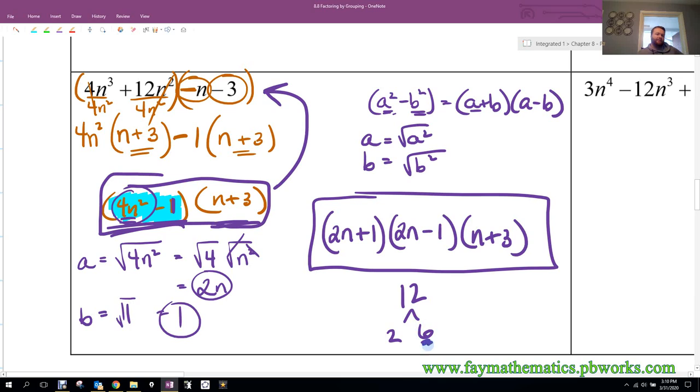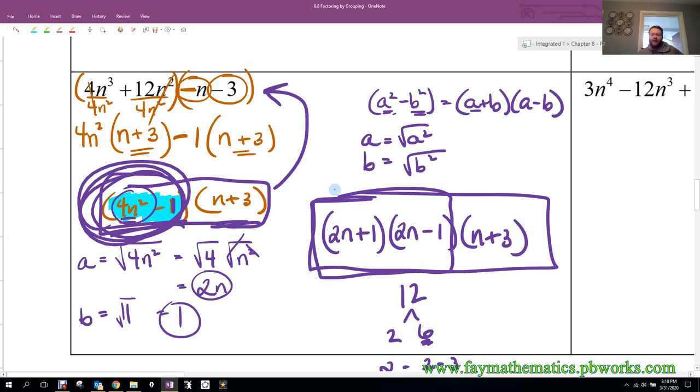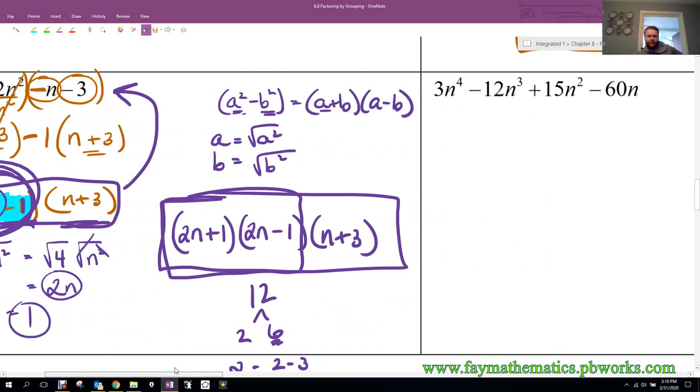But can't that 6 be brought down and factored further as 2 times 3? And that's all we're doing here. This here can be factored further down to that, and then multiplied by the other factor of n plus 3 that we already had. Just gotta keep that in the back of your mind as you're going through these examples.